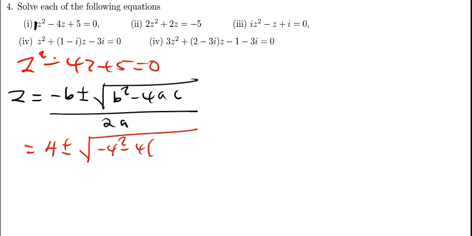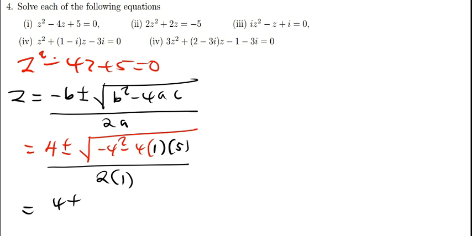Here, the number in front of z squared is 1. Then c is 5. We divide this by 2a, and a is 1. So the next thing, we'll have 4 plus or minus the square root of negative 4 squared, which is 16, minus 4 times 1 times 5, which gives me 20. I divide this by 2.